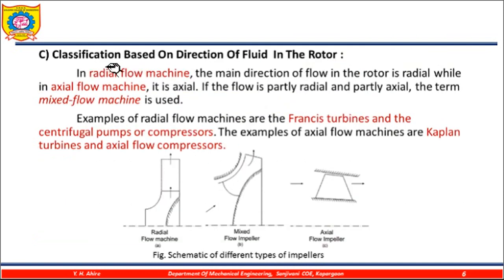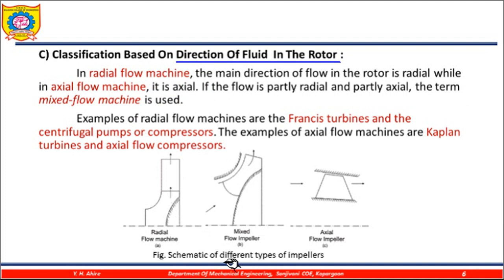Third criteria is classification based on direction of fluid flow in the rotor. So in radial flow machine, the main direction of flow in the rotor is radial. The first type is radial flow machine. The flow direction in the rotor is radial, while in axial flow machine it is axial.